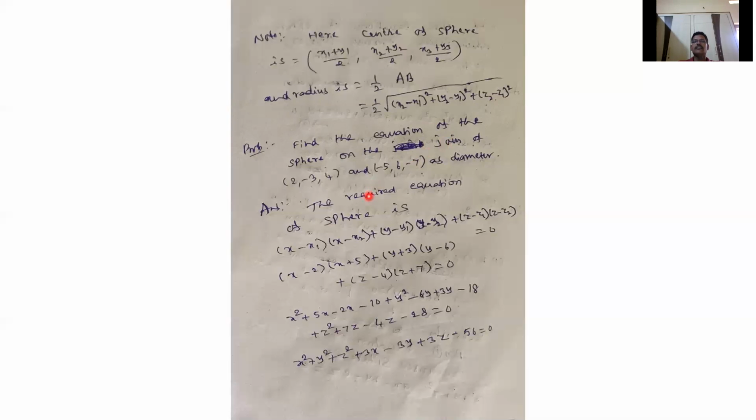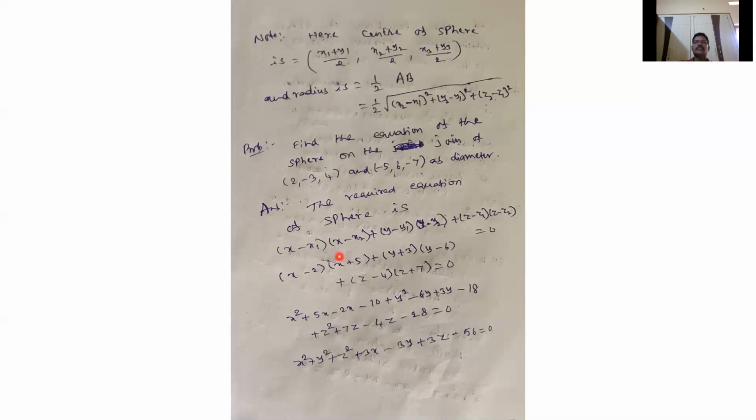So we know that the required equation of the sphere with diameter end points x1, y1, z1 and x2, y2, z2 is (x minus x1)(x minus x2) plus (y minus y1)(y minus y2) plus (z minus z1)(z minus z2) equal to 0.